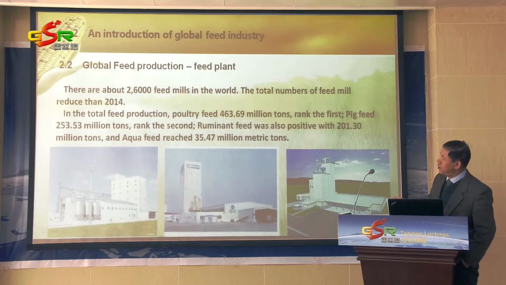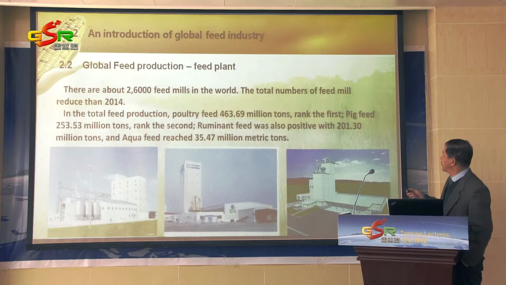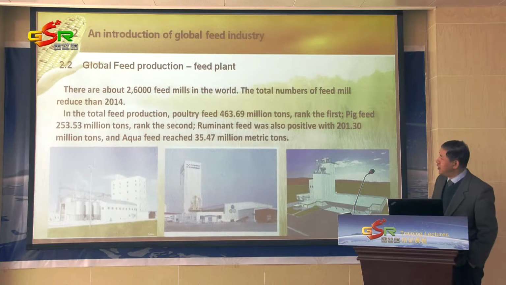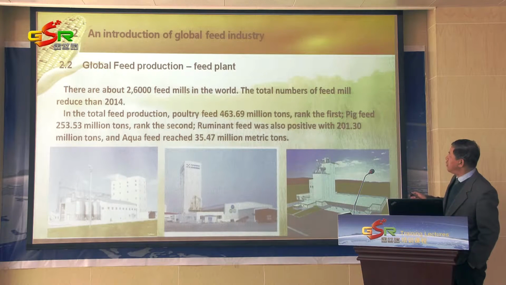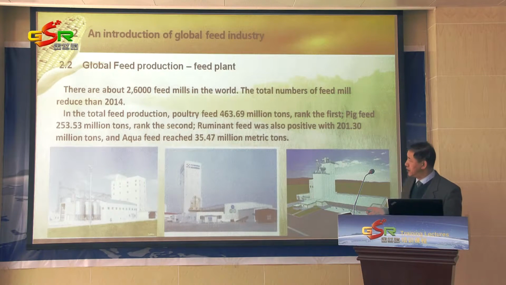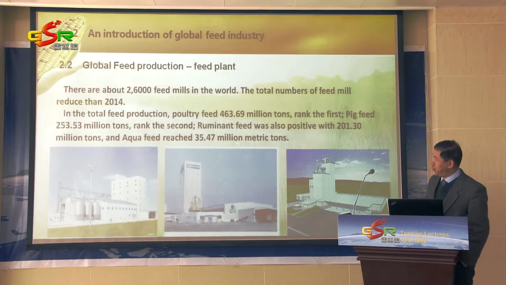Its production is 463 million tons, and the pig feed is 253 million tons. Ranks the second, and then is ruminant, at 201 million tons, and aqua feed is 35 million tons. So that's about the global feed production general situation.